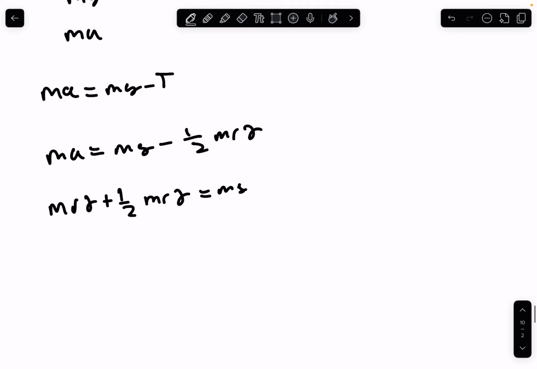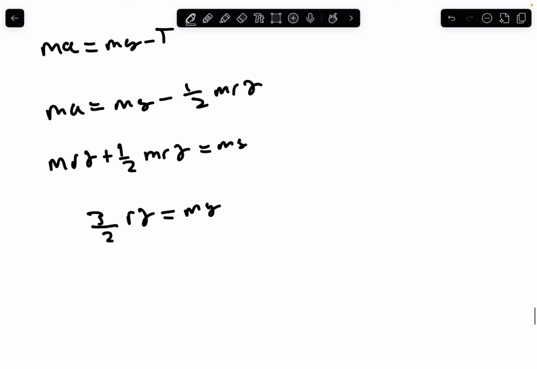We can cancel the masses. 3 over 2 r alpha equals mg, so g will be equal to 3 over 2. 2 over 3, sorry. The acceleration will be equal to 2 over 3, and it gives us C.